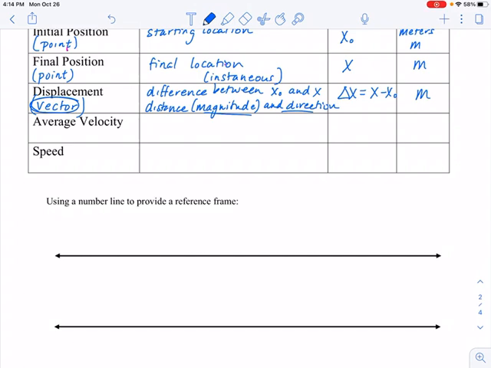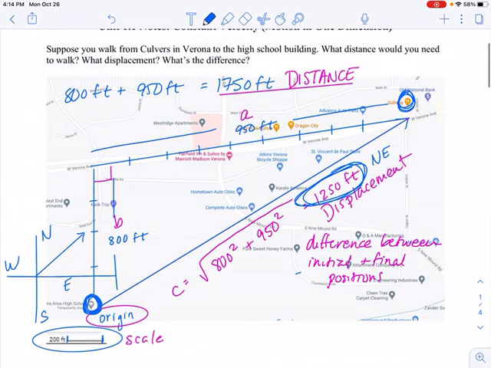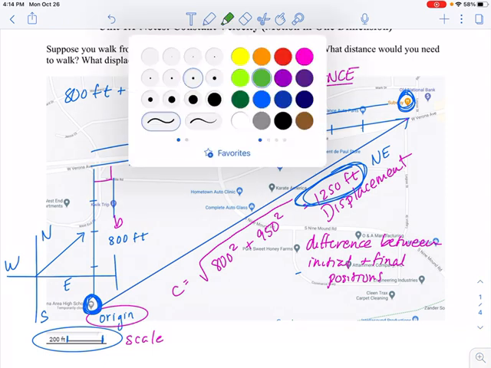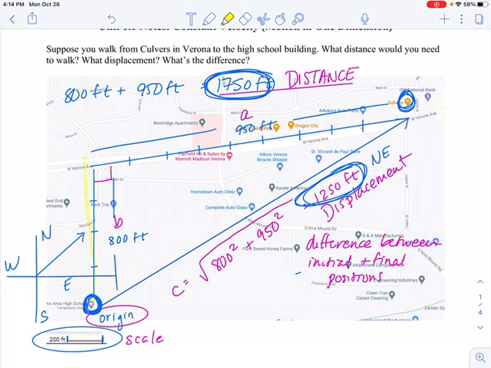Okay, next, let's look at my speed and my average velocity. My speed would be based on how far I walked, my 1,750 feet. So I walked north and then I walked east for my 1,750 feet. And if it took, let's see, how long would it take me to walk that far? Say it took me 10 minutes, just to keep my math easy.